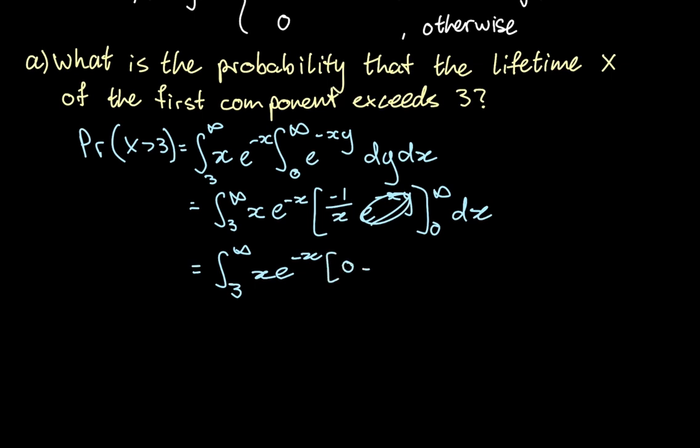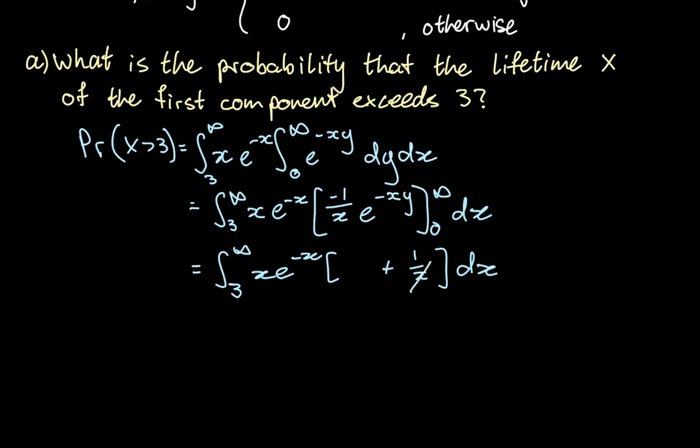So I have here 0 minus, and then when I substitute in 0 into this expression for y, I'll get minus 1 over x times e to the 0. Anything to the power of 0, that's just 1. Okay, and I'm integrating that in terms of x. Okay, so those negatives cancel, become a positive. This 0 can fall away.